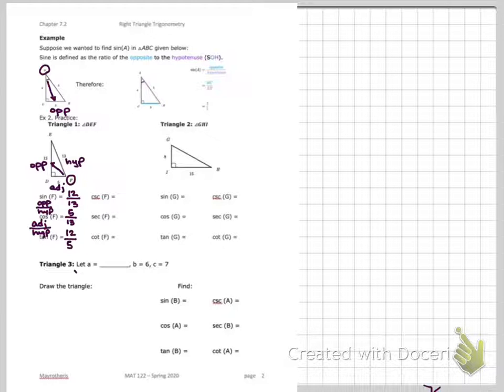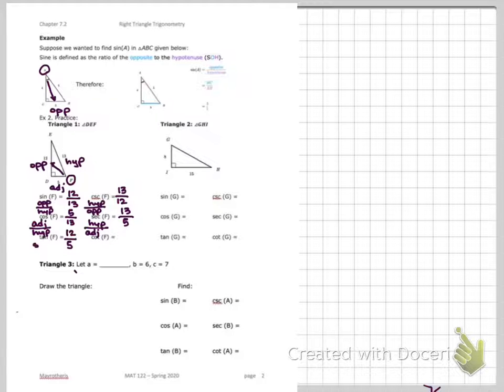So cosecant is the reciprocal of sine, so hypotenuse over opposite. And I'm just going to flip this, 13 over 12. Okay. Secant is the reciprocal of cosine, so I get hypotenuse over adjacent, 13 over 5. And cotangent is the reciprocal of tangent.